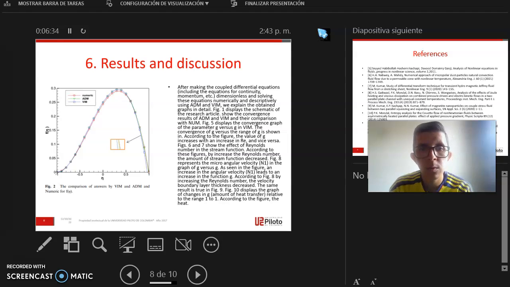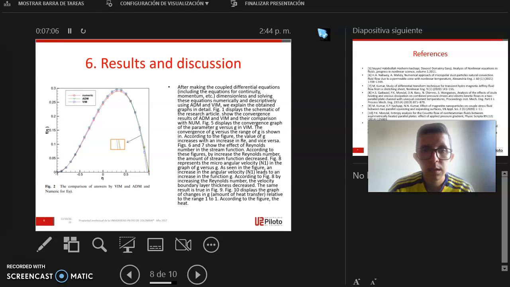Results and discussions. After making the ordinary differential equation, including the equations for continuity, momentum, etc., making them dimensionless and solving these equations numerically and analytically using ADM and BAM.